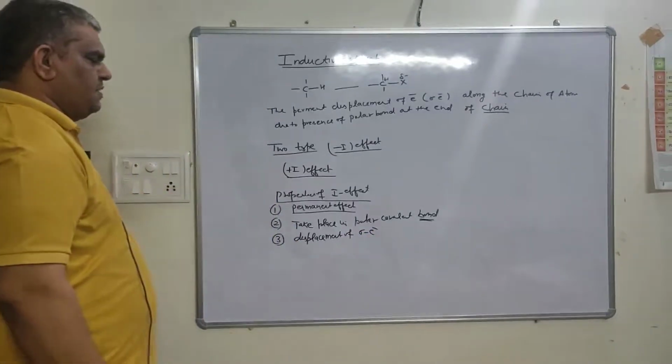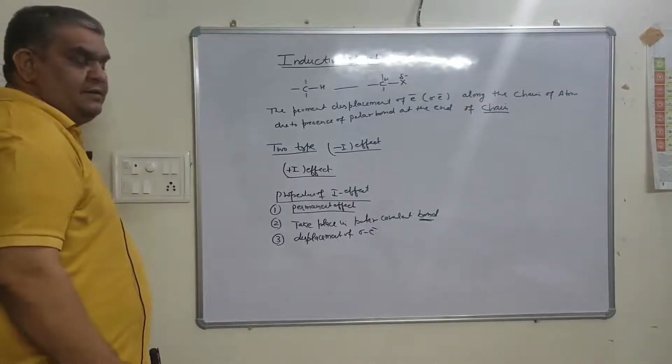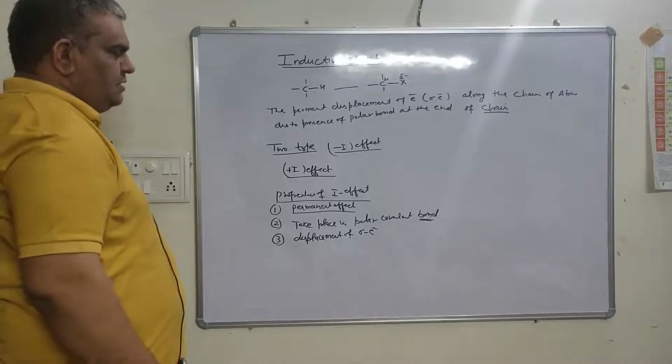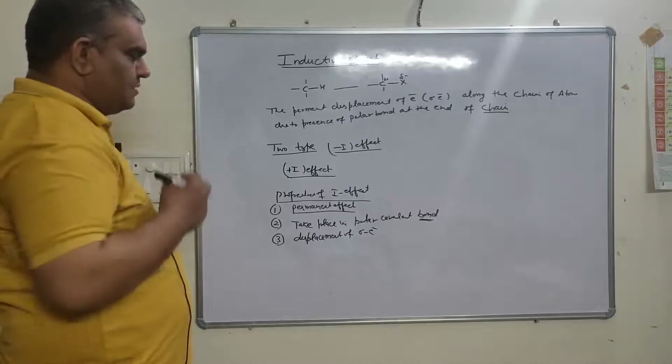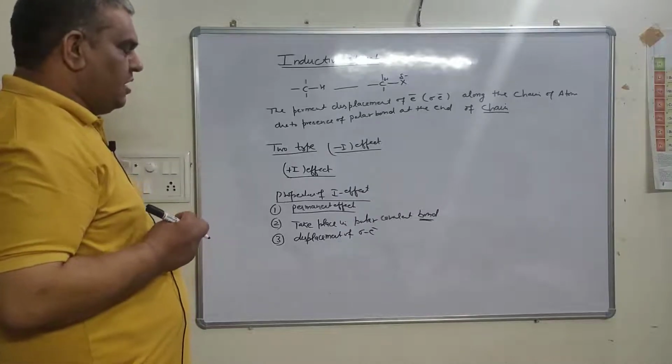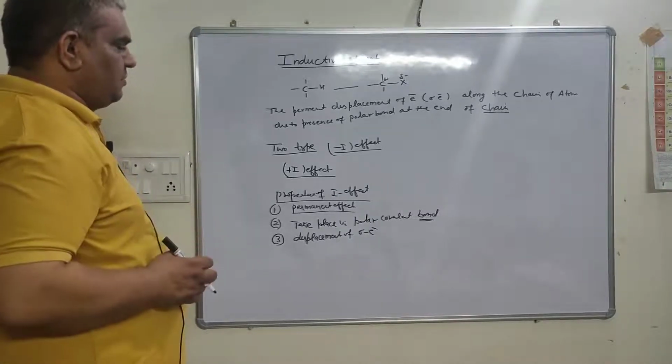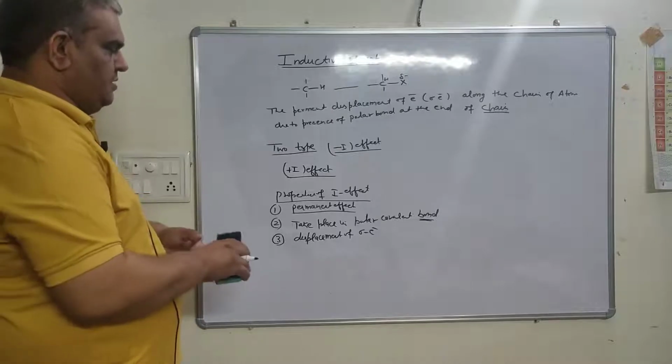These are the properties of the I effect. In a C-H bond, no inductive effect is possible because the electronegativity difference between carbon and hydrogen is small.